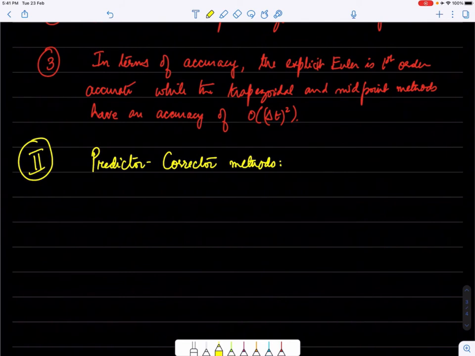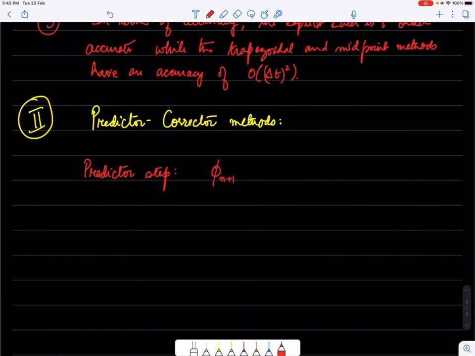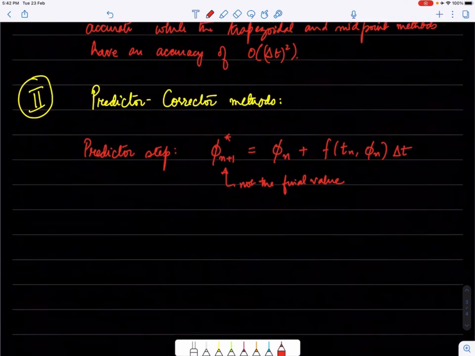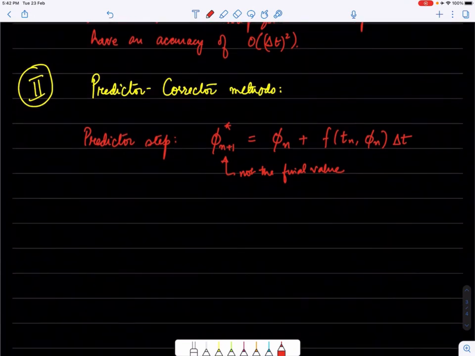In the first step, called the predictor step, we predict an intermediate value of phi n plus 1, which could be written as phi n plus f at Tn comma phi n times delta t, and this is not the final value but a value that we use to make the first estimate of phi n plus 1.